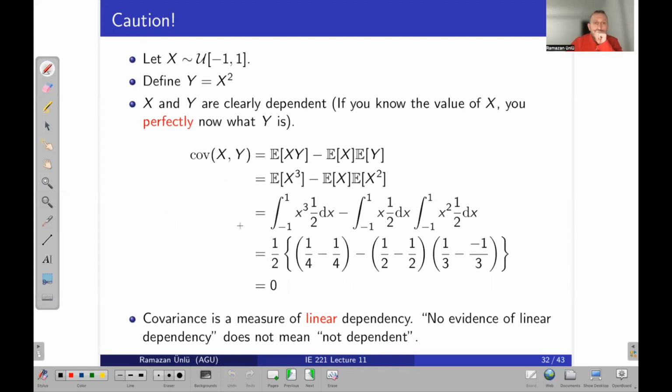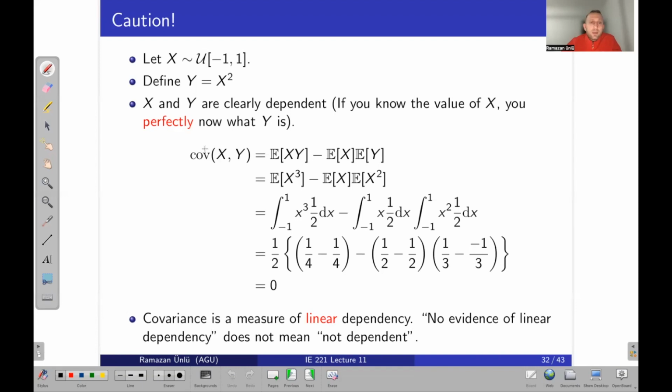For example, let's say we have a random variable x which is uniformly distributed between -1 and 1, and we define a new random variable y, which is x squared. So here x and y are clearly not independent, because if you know the value of x, you will immediately know the value of y. They are perfectly dependent.